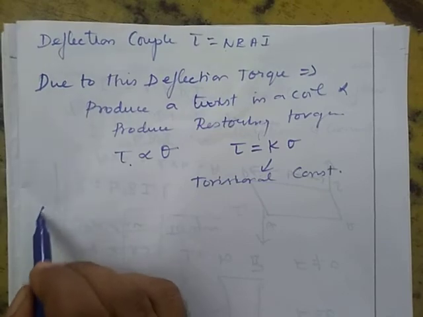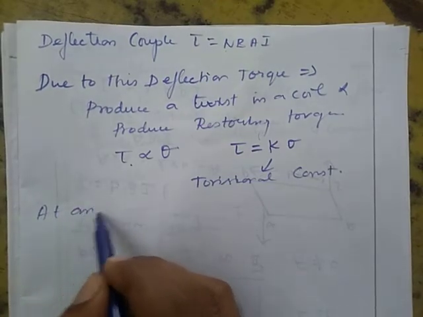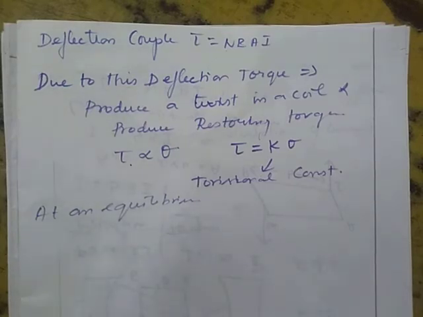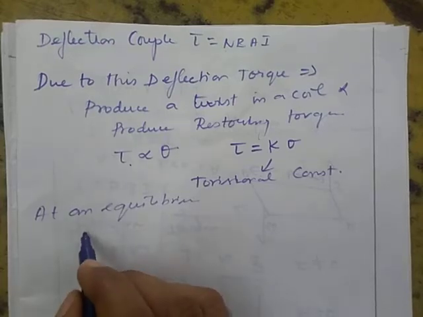At equilibrium, the deflection couple is equal to the restoring couple, or the deflection torque is equal to the restoring torque.